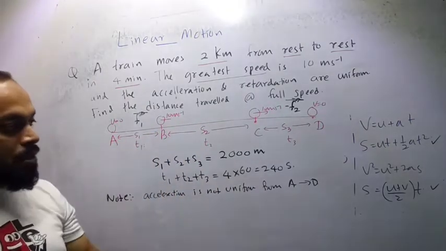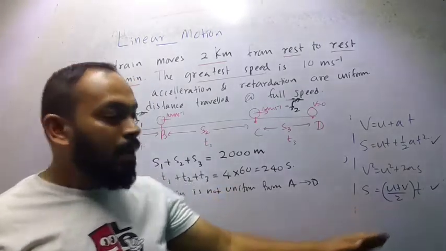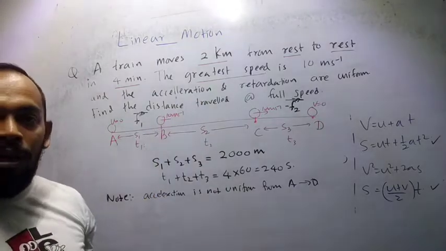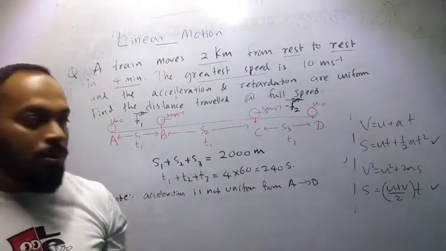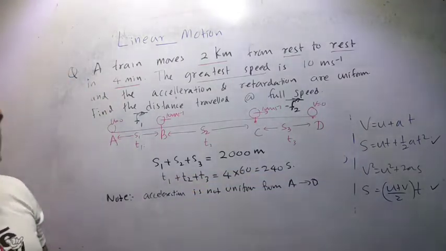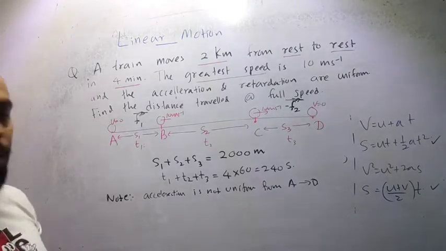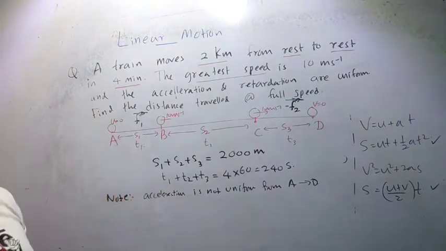So we need to use this equation, piece by piece, and finally add the three to get the total displacement and time. Let's write equations for the motion from A to B.